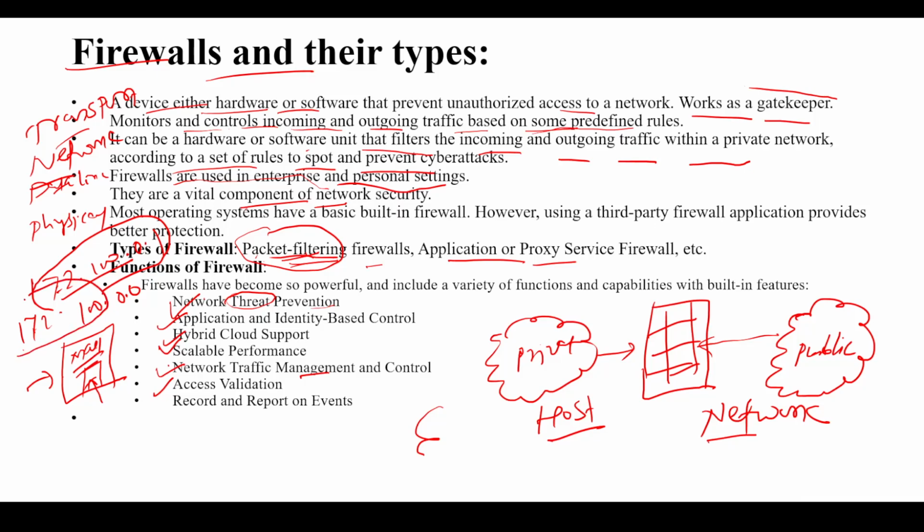Whatever packets are coming from this IP address, no matter what the next number is, whether it is 1, 2, or any other number, this network can be completely blocked by the packet filtering firewall.